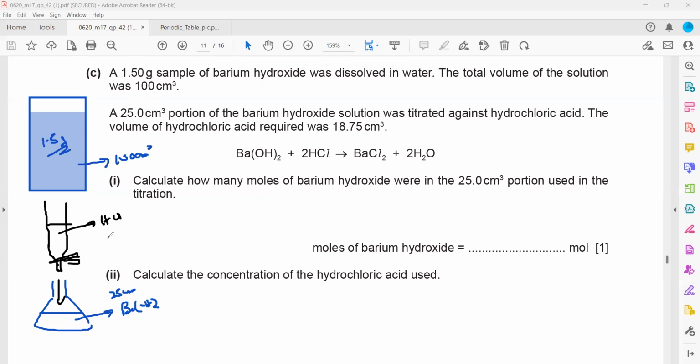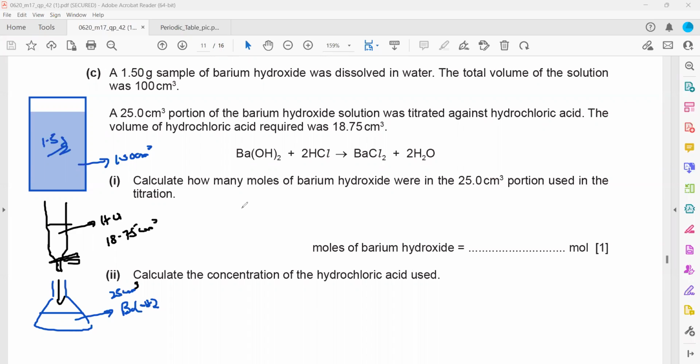How much HCl is needed for a complete reaction with barium hydroxide? That is 18.75 cm cube. So 25 cm cube of barium hydroxide required 18.75 cm cube of hydrochloric acid for complete reaction. That's what they mean by the barium hydroxide solution being titrated against hydrochloric acid.